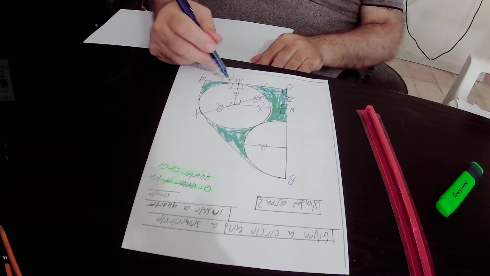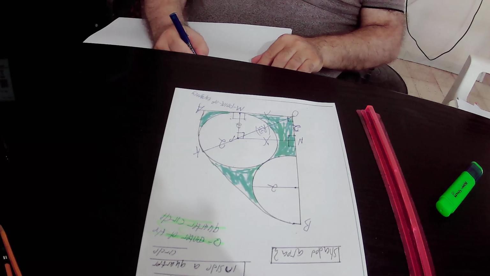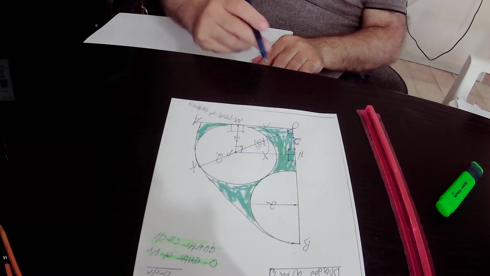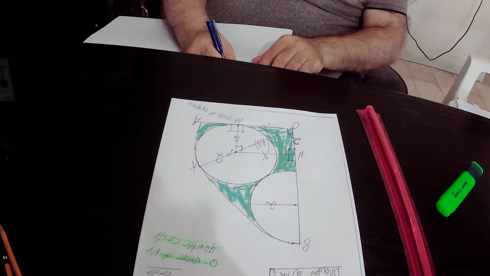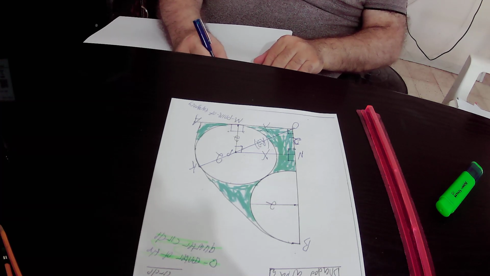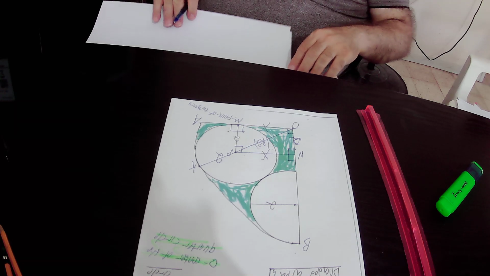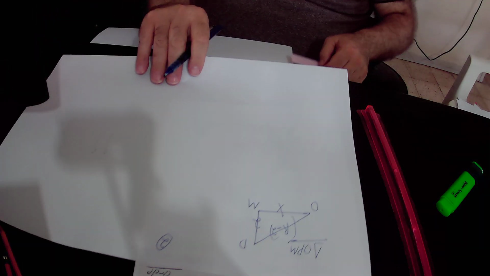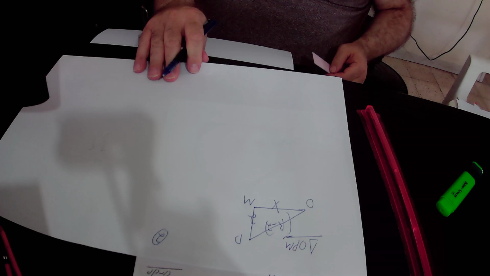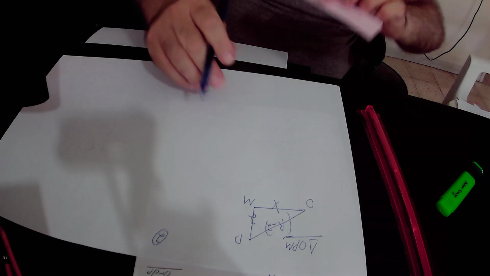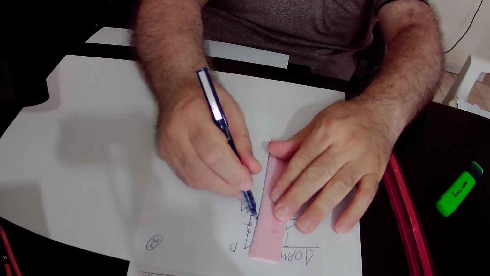PM equals 2 units. And OM equals X. So this is the right triangle OPM that I copied from the original drawing. This angle of course equals 90 degrees.